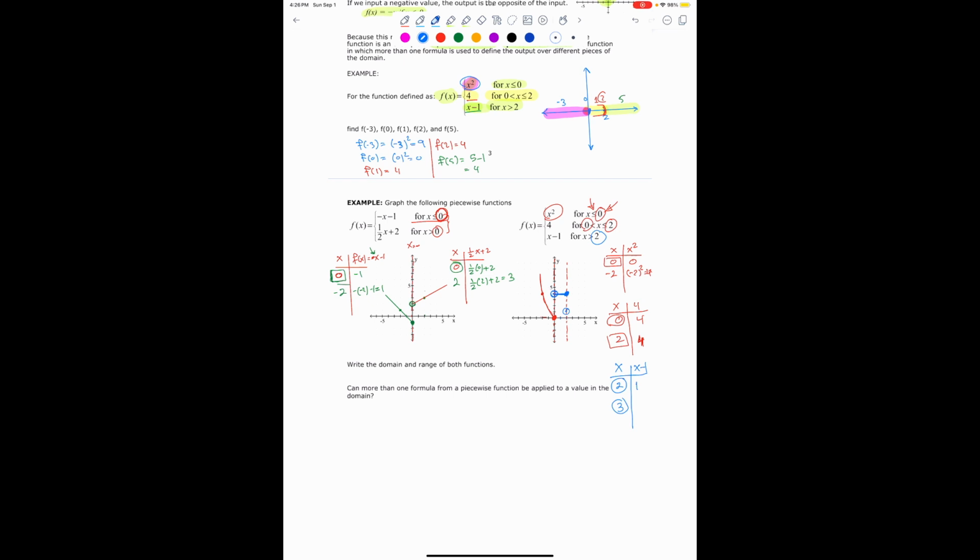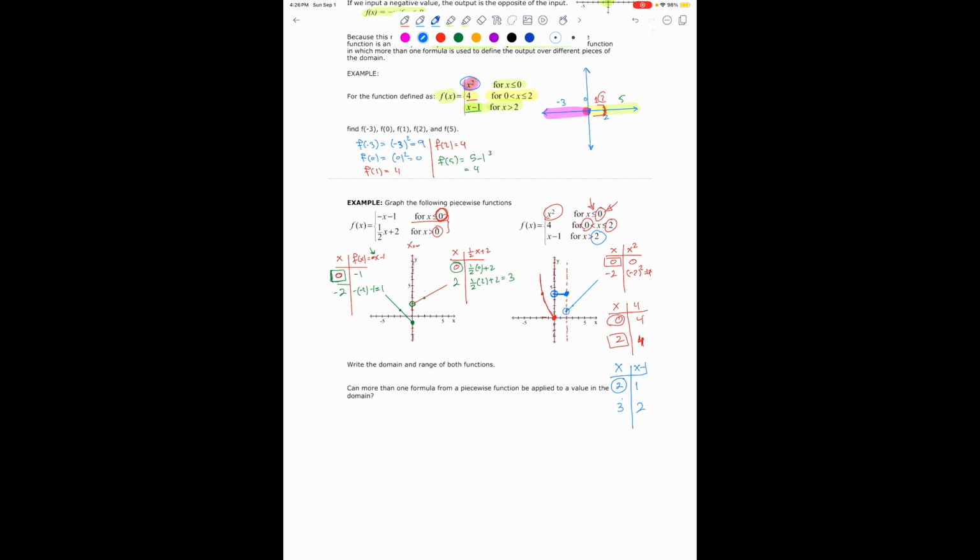And then the other point is when you plug in 3, you get 3 minus 1, which is 2. So 3 and 2. And it's basically a guide. I know this is a line, so the line is going to continue forever to positive infinity. And that basically is the graph of the second function.